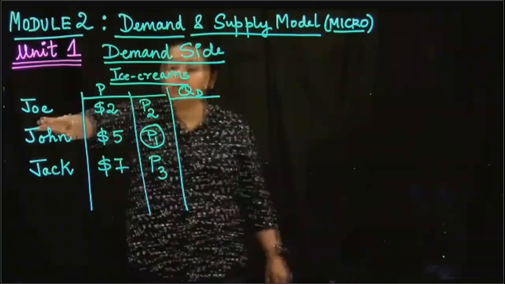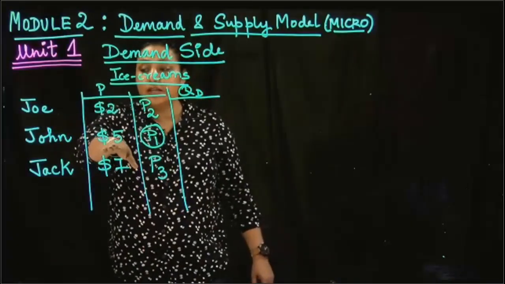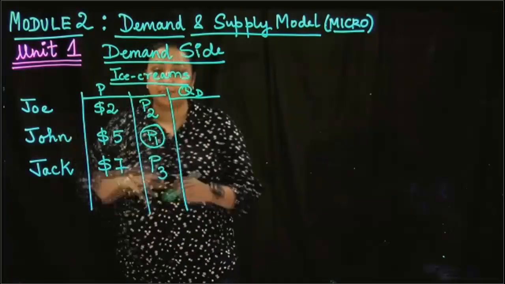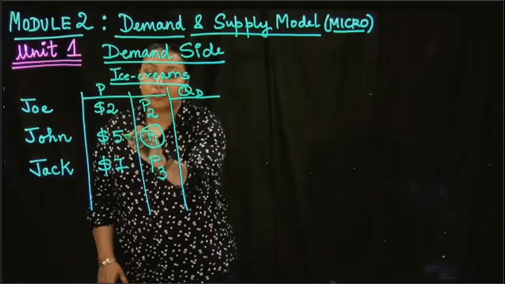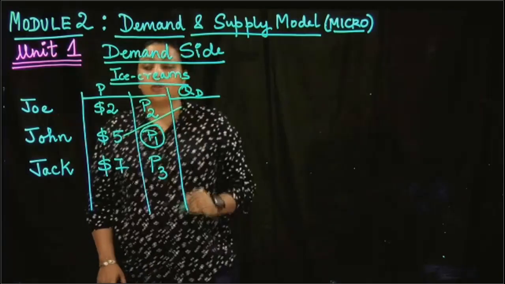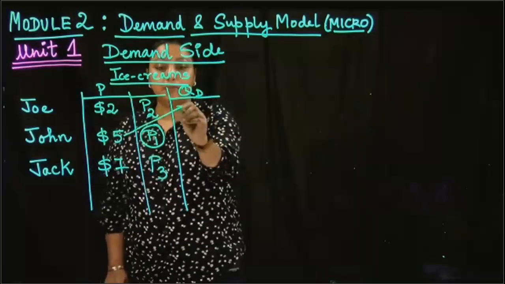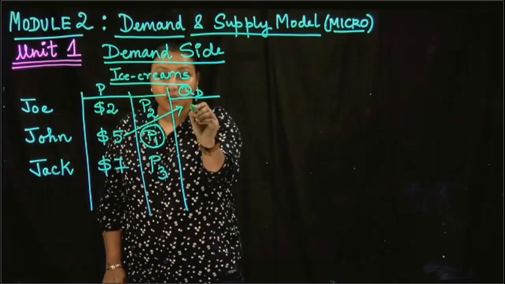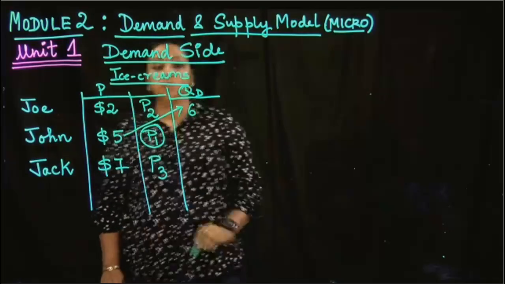So let's say for Joe, when the price is $5, Joe wants to buy 6 ice creams.